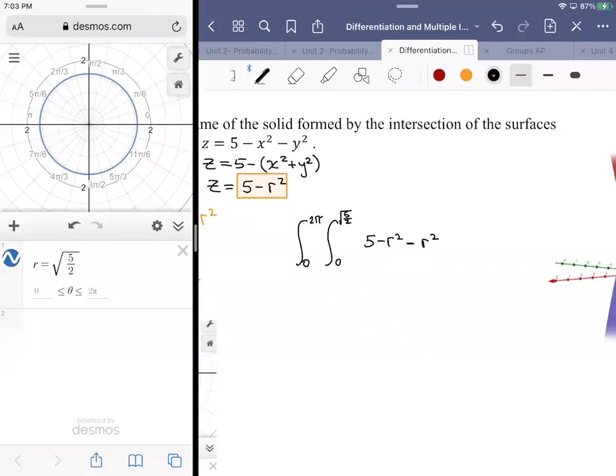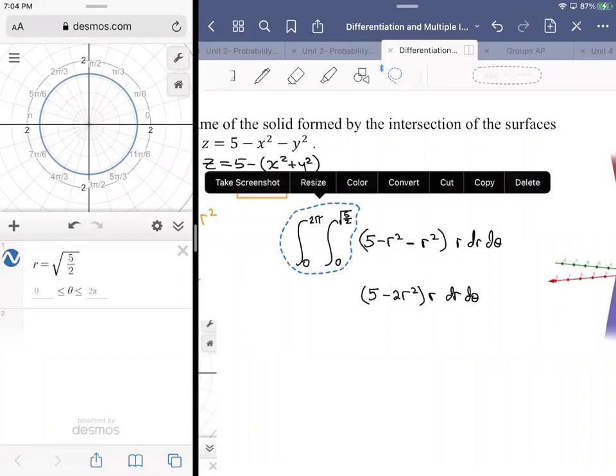So it's the difference between the z's. Z top minus z bottom, if you like shortcut rules. Times r dr d theta. So clean it up. 5 minus 2r squared times r, dr d theta.